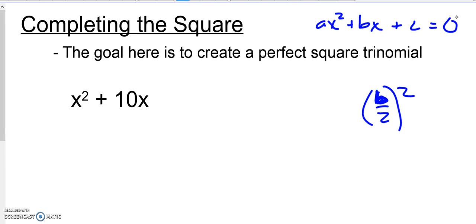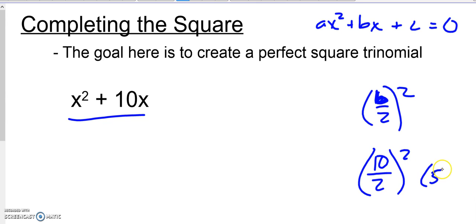As I had mentioned, you don't usually take an expression and add things to it, but just for showing you how to complete the square and create a perfect square trinomial, I'll show you what I'm talking about here. In this example, b is 10. So in my little formula here, I'd go 10 over 2, and we would square it. 10 over 2 is 5, and 5 to the second is 25.